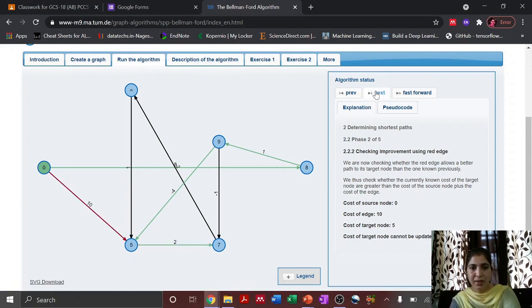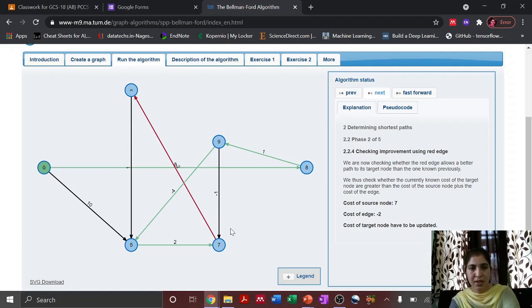Let's run it again. Now we are considering 0 plus 10, which is 10, and the destination is 5, so it will not be updated. Let's run again. 0 and the distance is 8. Already there is 8, so it will not be updated.